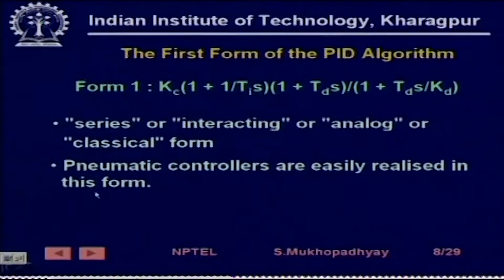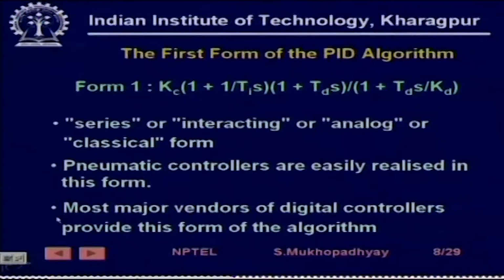So, therefore, it is called analog and classical. Similarly, basically this form came or originated from the pneumatic controllers and still persists. Most major vendors of digital controllers provide this form of the algorithm because again legacy is going on. Okay.